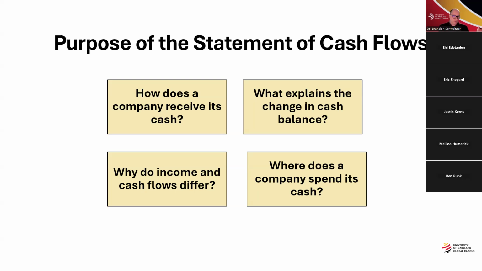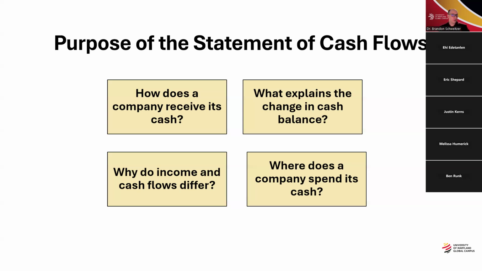And so the statement of cash flows represents the cash coming into the business and all of the cash going out of the business, the outflows during an accounting period. And cash goes out of the business for various reasons.